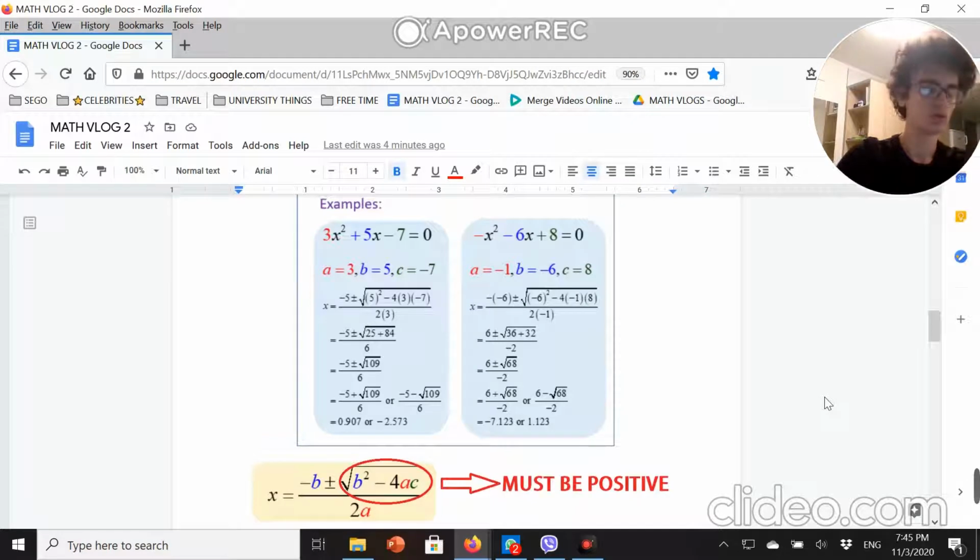So when you put the numbers from your formula into this little equation over here, the number that's given under the square root must be positive in order for the quadratic equation to be possible.